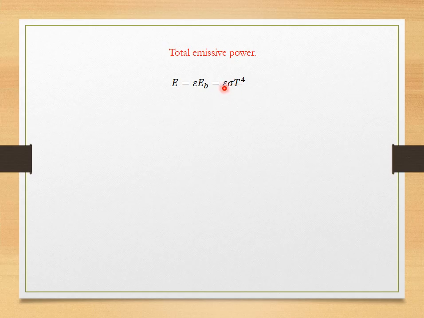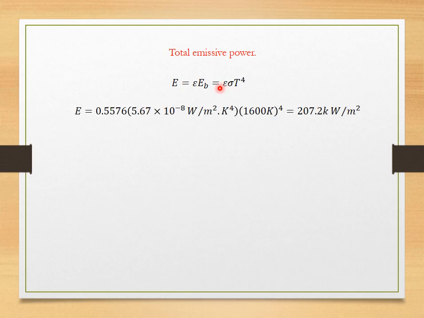From the previous information, we can straight away insert the emissivity 0.5576 times the Stefan-Boltzmann constant 5.67 times 10 to the power of negative 8, times 1600 Kelvin to the power of 4, and finally we get the answer 207.2 kilowatt per meter square.